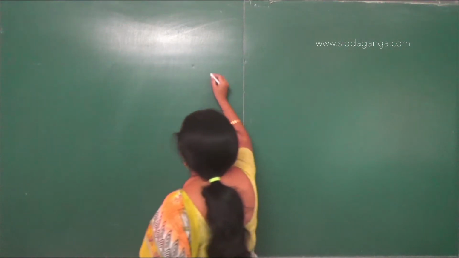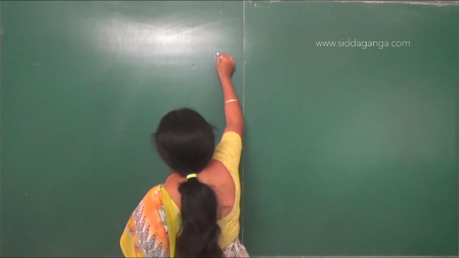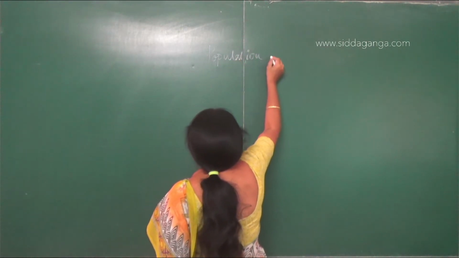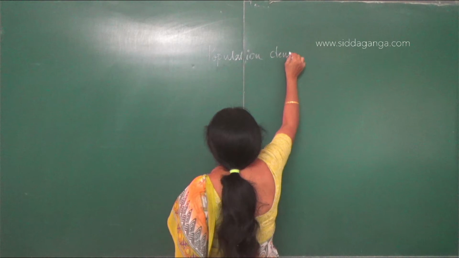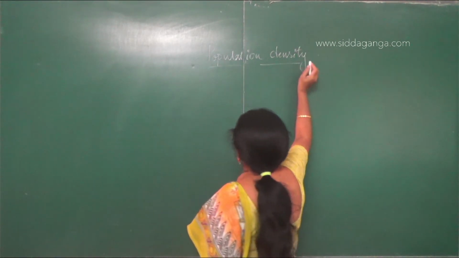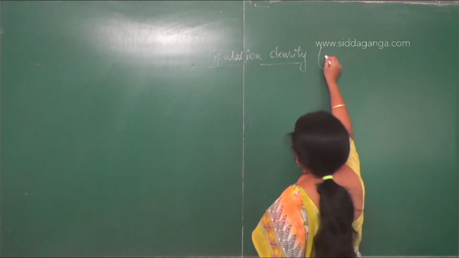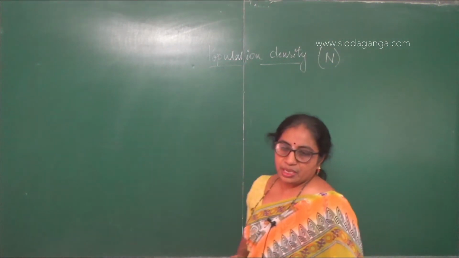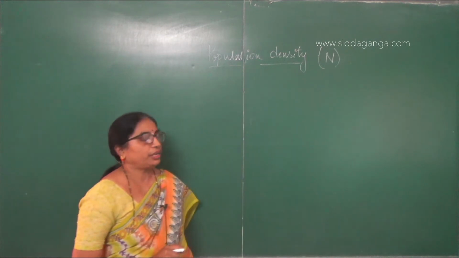So now coming to population density, which is simply represented as capital N. The population size can also be called the population density.